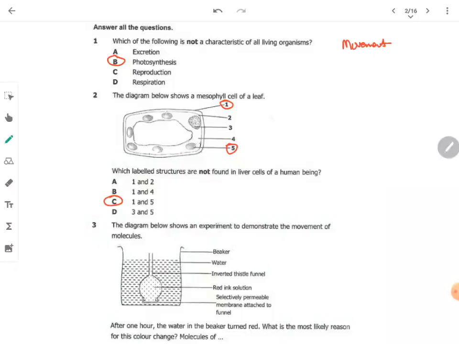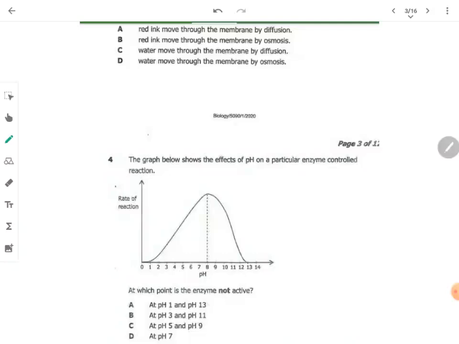Is it molecules of red ink move through the membrane by diffusion? Red ink move through the membrane by osmosis? Water move through the membrane by diffusion? Water move through the membrane by osmosis?